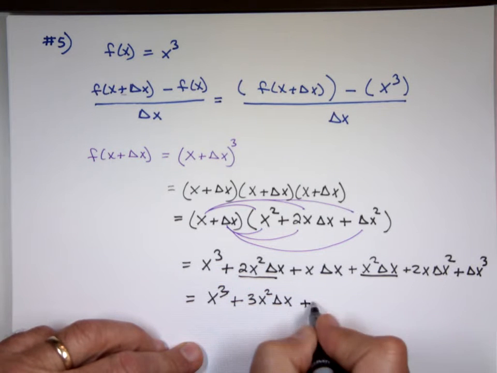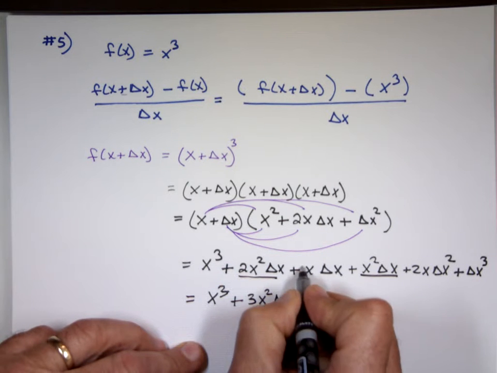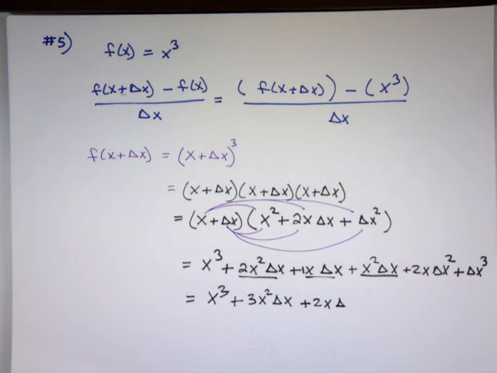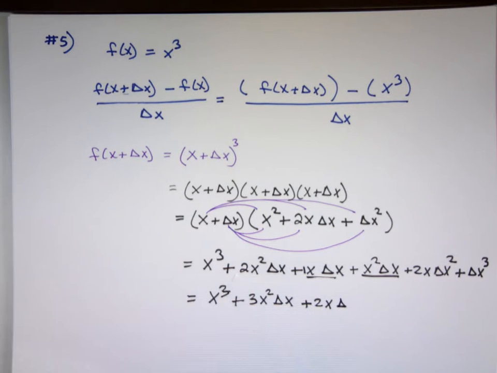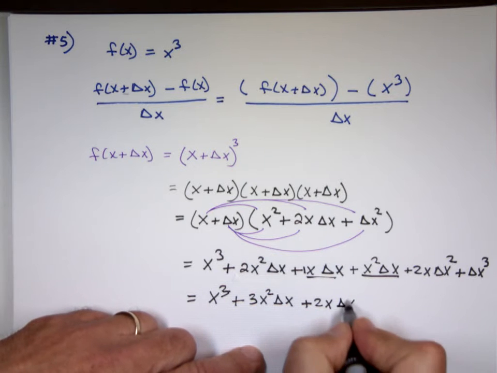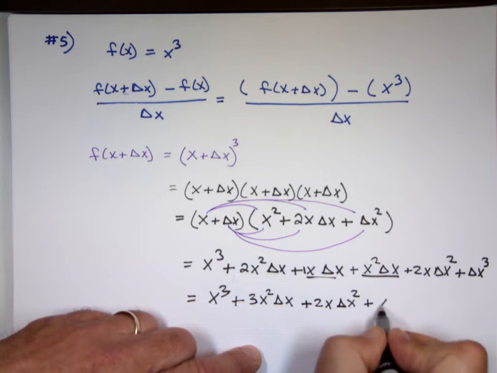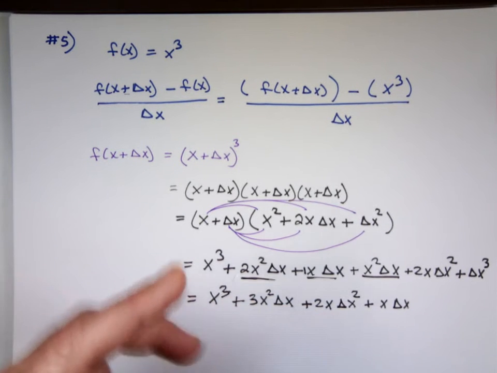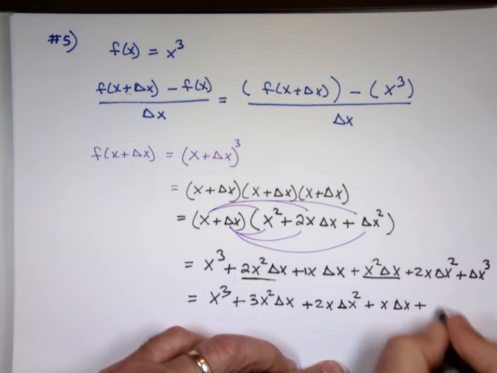Oh no, they're not the same. I thought they were, but they're not. 2x delta x squared plus what? X delta x squared. This was okay, actually. Plus what? Delta x cubed.